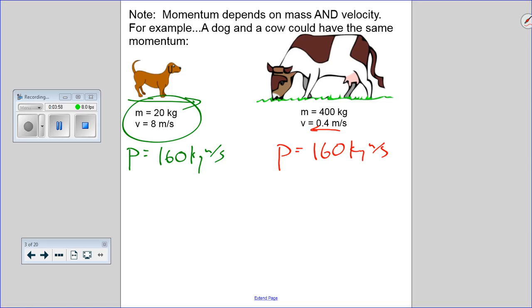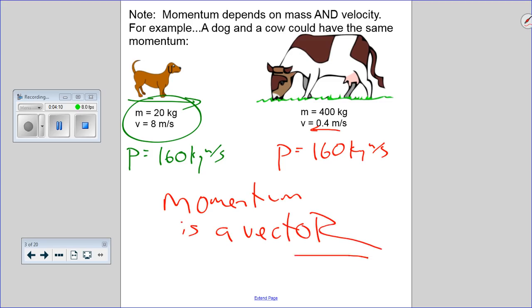Now, the other thing I want to point out about this example is momentum is a vector. Momentum has direction. And the direction of that vector is always the same as the direction of the velocity vector. In this example, my cow is moving to the left, which we have historically made a negative velocity.